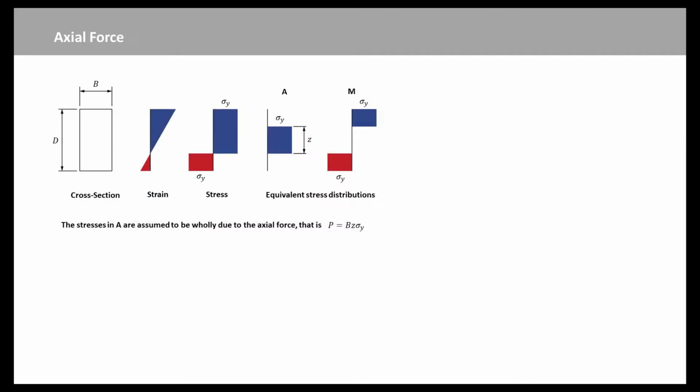Columns may have to carry significant axial forces in addition to bending moments. The axial force P moves the axis of zero strain as in this figure. To simplify the mathematics, the stresses have been replaced by two equivalent distributions. The stresses in A are assumed to be wholly due to the axial force.